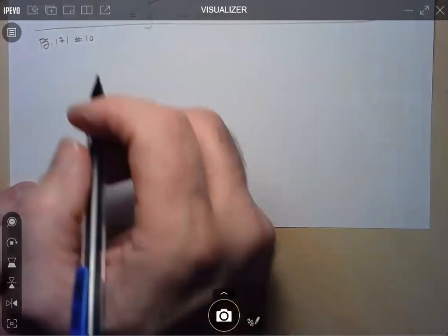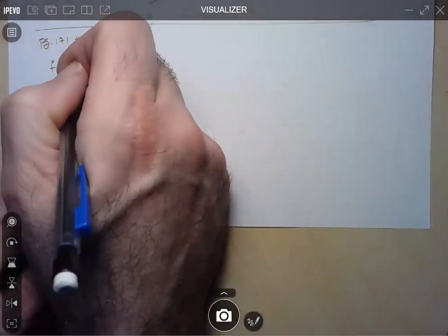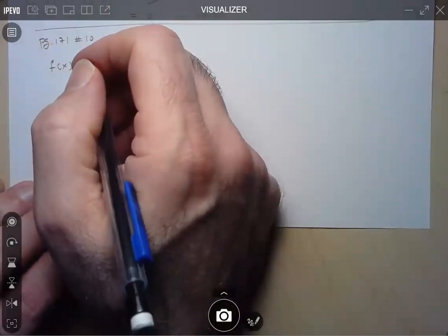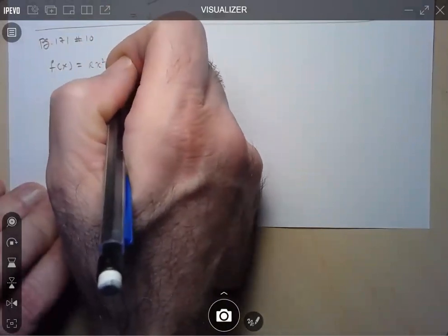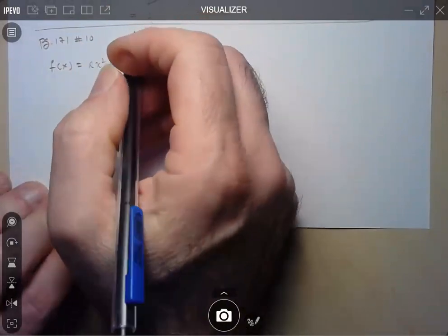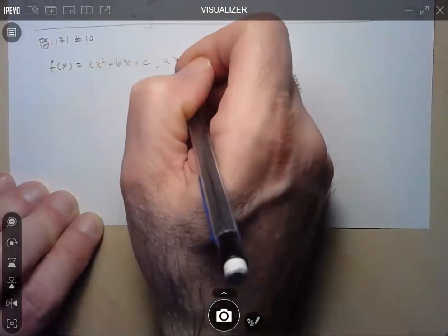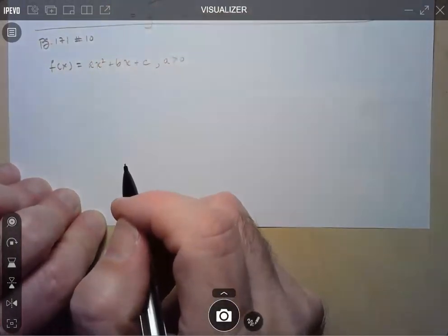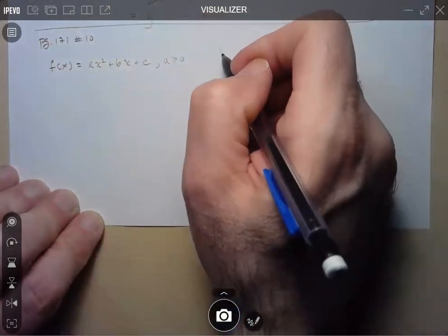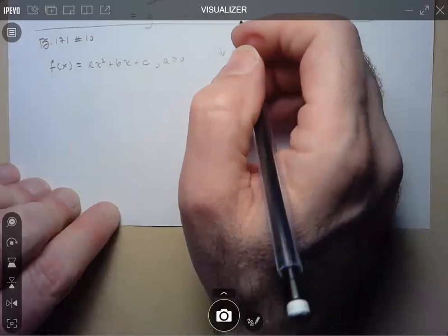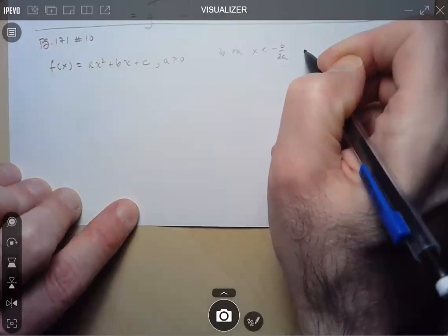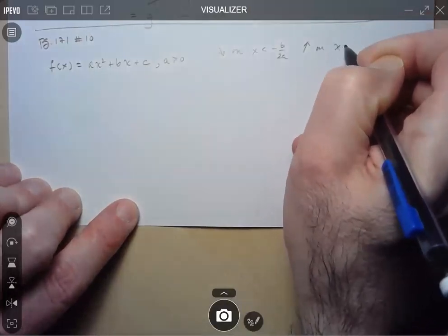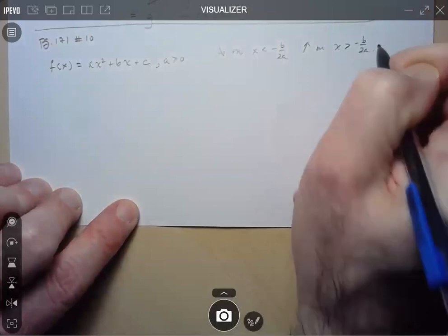It says use a derivative to show that the graph of the quadratic function, and again, we see that this has a bunch of unknowns in it. So here, ax squared plus bx plus c, and here they're specifying that a is greater than 0, and they want us to show that it's decreasing on x less than negative b over 2a, and it's increasing on x greater than negative b over 2a.